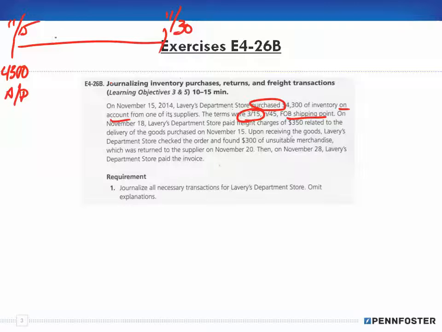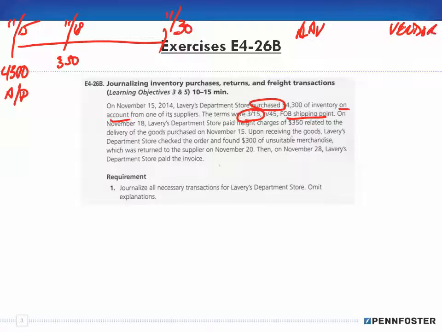Okay, on November 18th, so 11/18, Lavery's department store paid the freight charges of $350. Okay, because why? It got to the destination. Remember, we're Lavery and we're buying from a vendor, and here's Lavery, and here's the vendor, right?